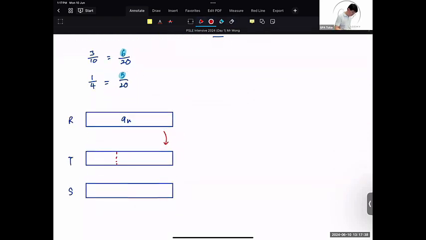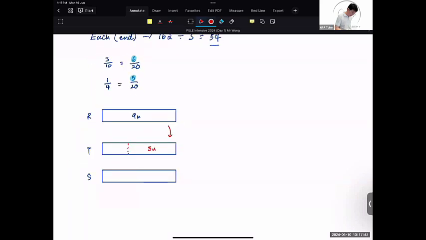Wrong person. So he gave 5 units to Ted, and he gave 6 units to Sam. Which means that originally, how many units must Ted have? How many units must Sam have? Yes. Okay. So that is what we know.